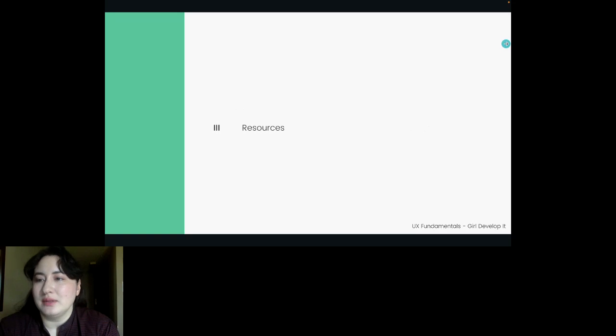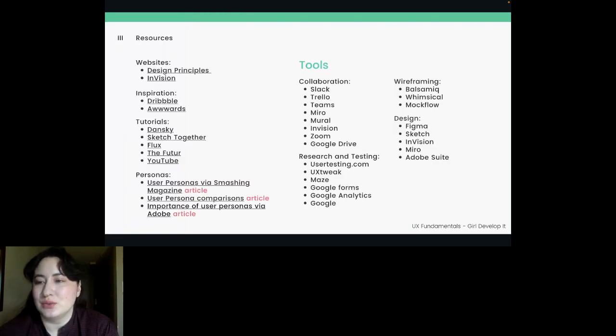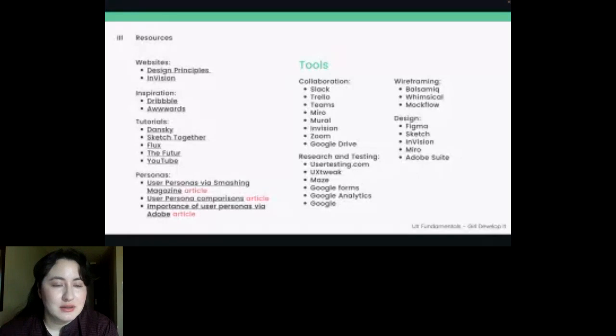Okay, and then lastly, this is just a list of some different tools and resources that you might find helpful. It'd be a good idea to take a screenshot here. These are websites for design information and design inspiration.